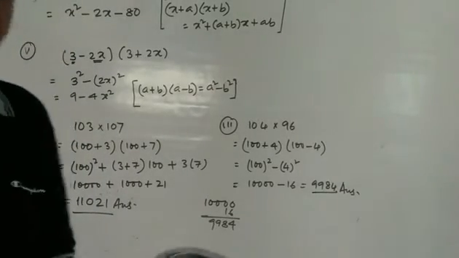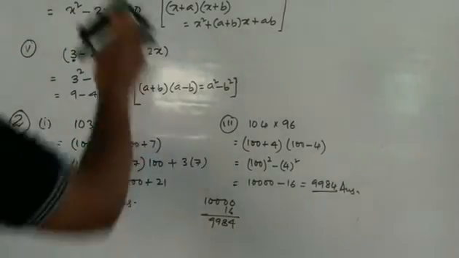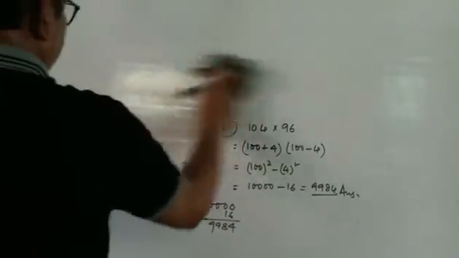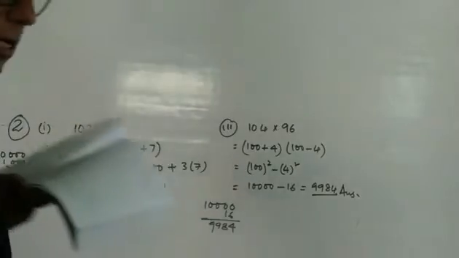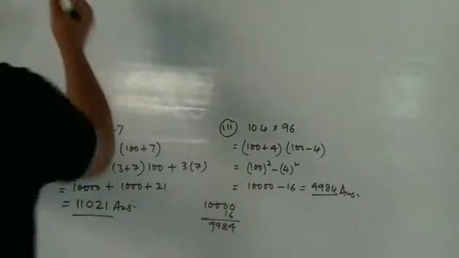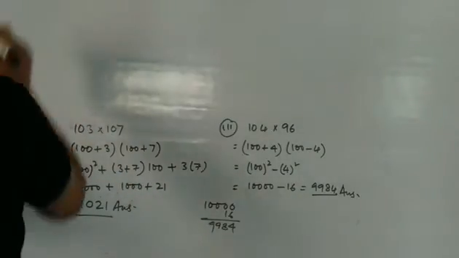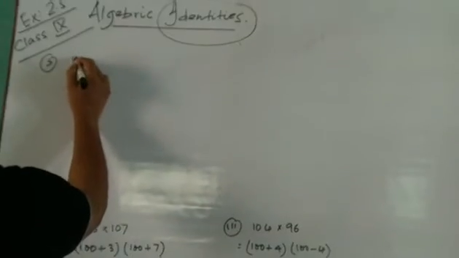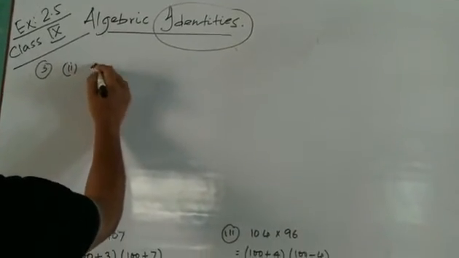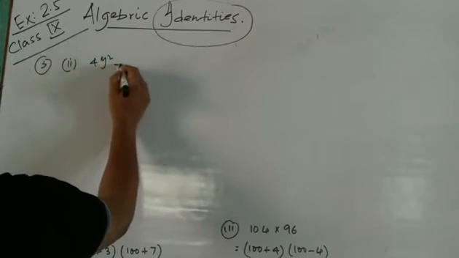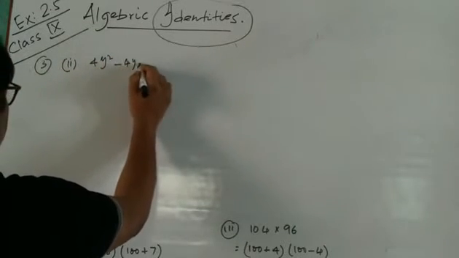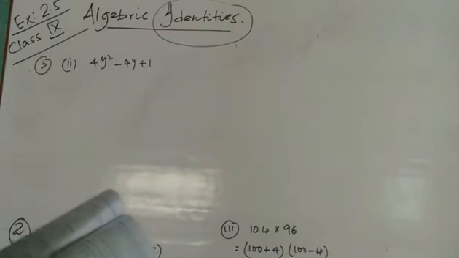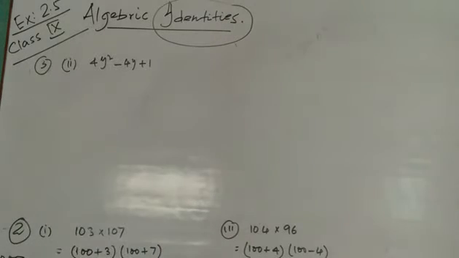Now let us come to question number 3. In question number 3, we will find two questions. Question number 2, I am taking 4y square minus 4y plus 1. Factorize the following using appropriate identities.